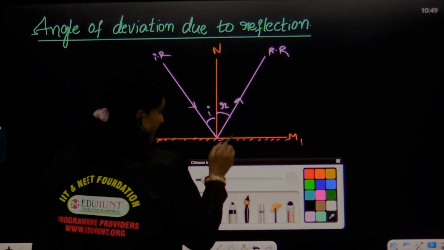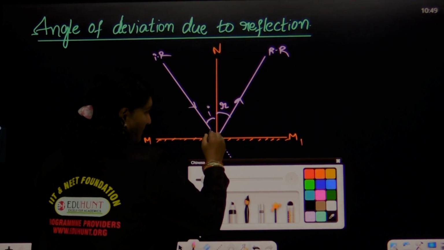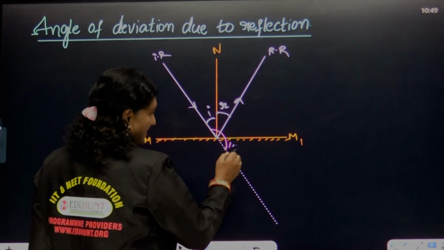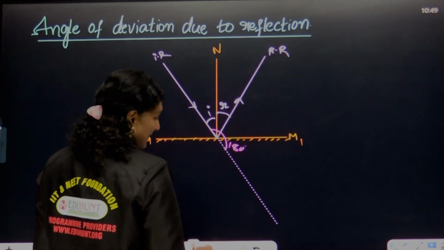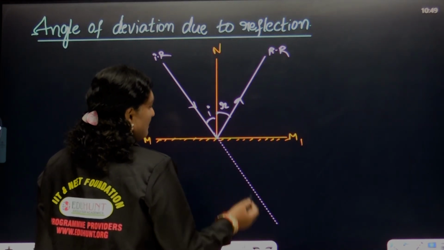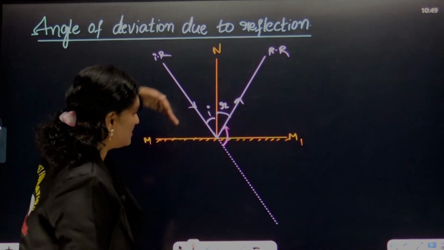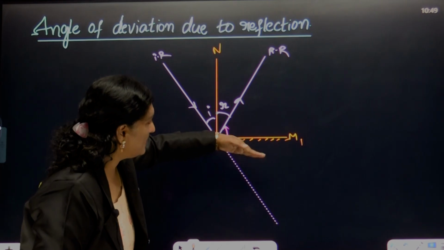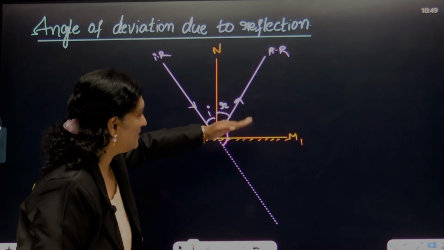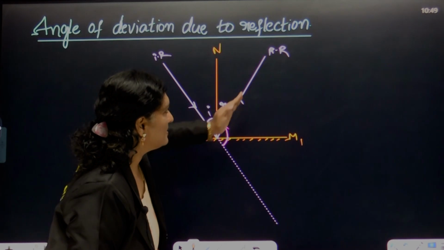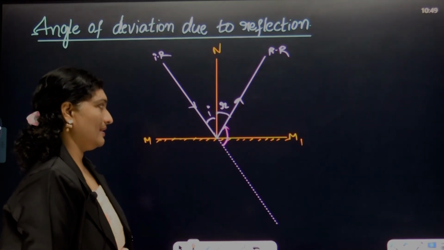So, instead of going straight ahead, it is deviated through this angle, after which it returns back into the same medium.